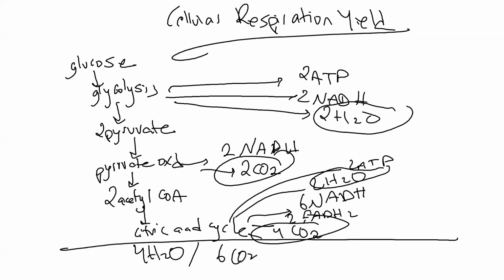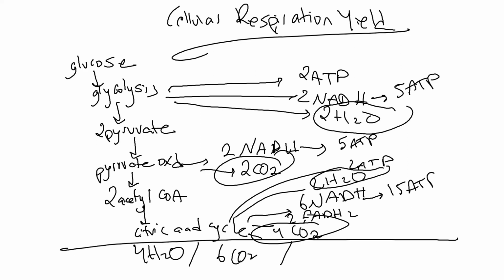How many ATP? We have 2 ATP. NADH is 1.5, so this means it's 2.5. So here we have 5 ATP. Here we have 2 times 2.5, also 5 ATP. Here we have 15 ATP.